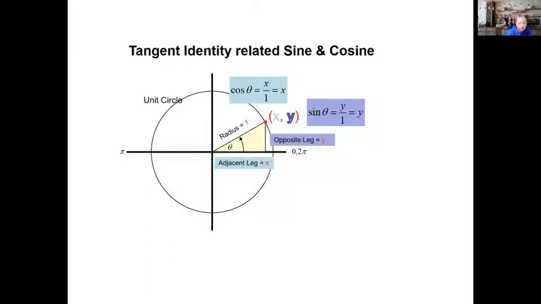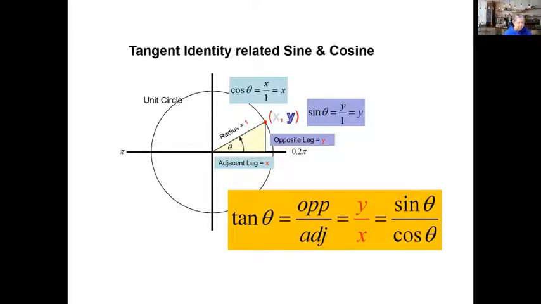Then, with the fact that the tangent ratio is the opposite leg over adjacent, and with this right triangle inscribed inside of the unit circle, we can conclude tangent is opposite leg over adjacent leg, also y-coordinate over x-coordinate, and also, as an identity, it's going to be sine exact value over cosine exact value.